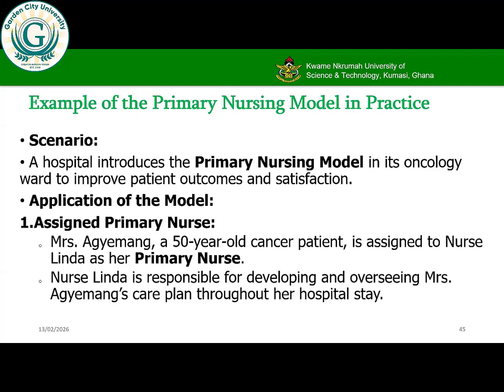So Nurse Linda is responsible for developing and overseeing Mrs. Ajman's care plan throughout her hospital stay. So there's a patient, Mrs. Ajman, who has cancer in the oncology department, and one primary nurse who is responsible for her care.